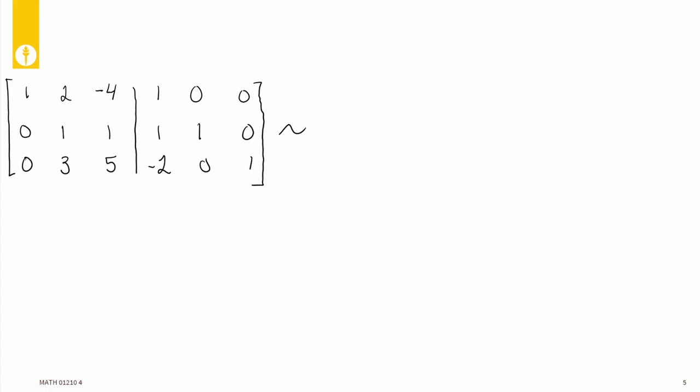So what should we do next? Would it be negative 3R2 plus R3? Confident? That's right. So that should zero out column 2, right?